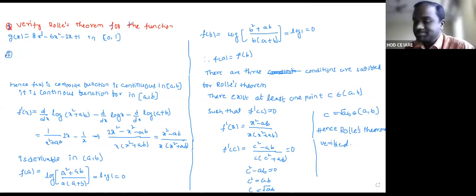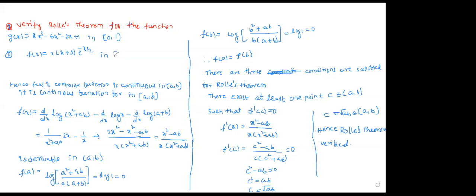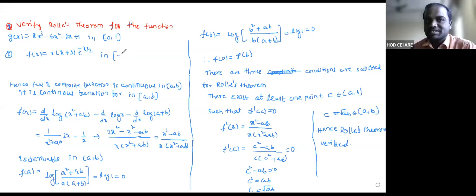Verify Rolle's theorem. f of x is equal to x into x plus 3 into e power of minus x by 2 in the closed interval of minus 3, 0. Minus 3, 0. Okay, these two problems, right.